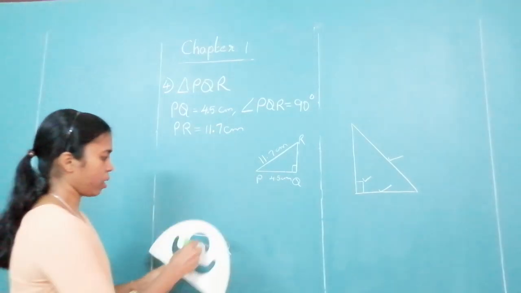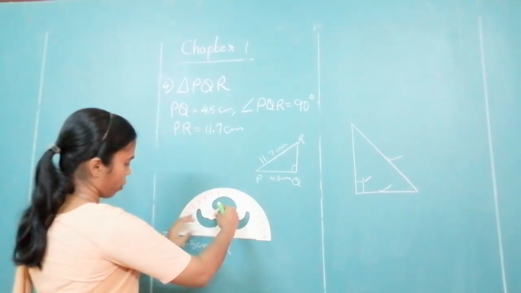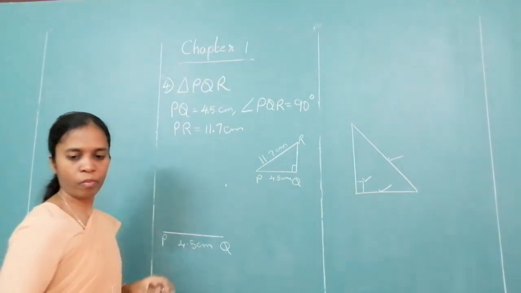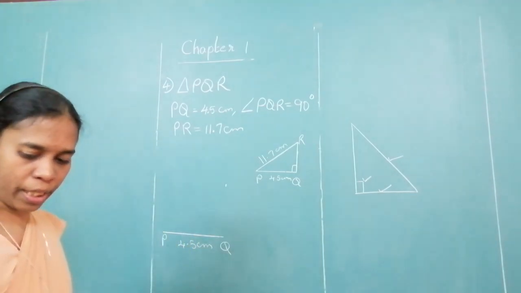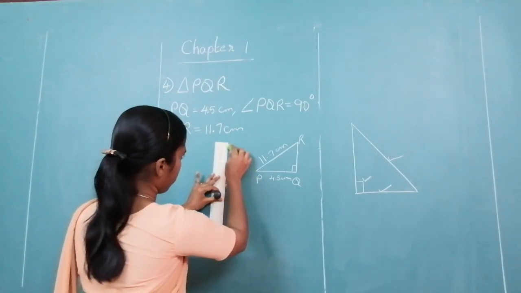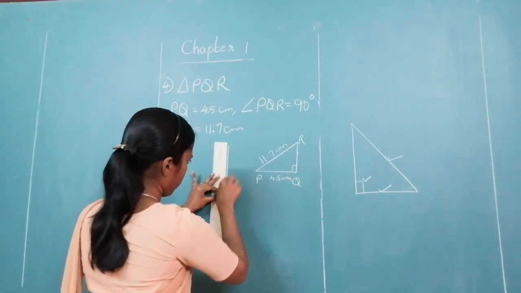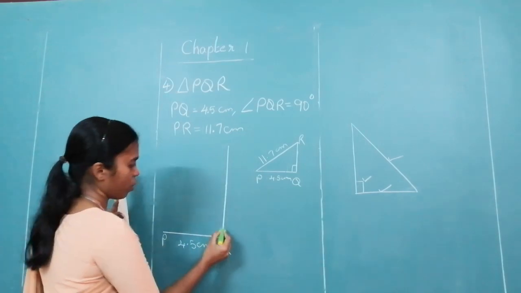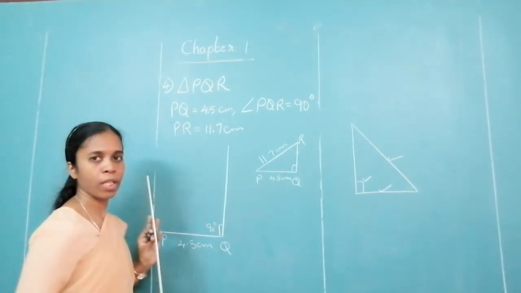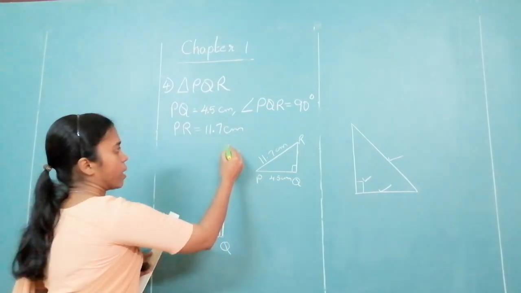Take your protractor, keep it on angle Q with a 90 degree. Mark that 90 degree. Draw the ray. The moment you finish, please mark this as 90 degree. Now, this is a ray.